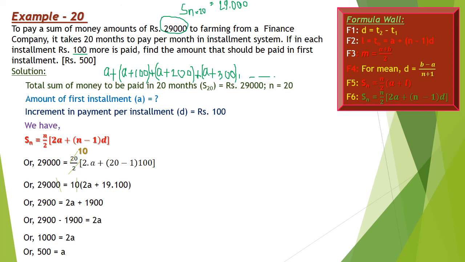First installment is 500. So the question is very easy if you understand it properly. The amount paid on the first installment is rupees 500.